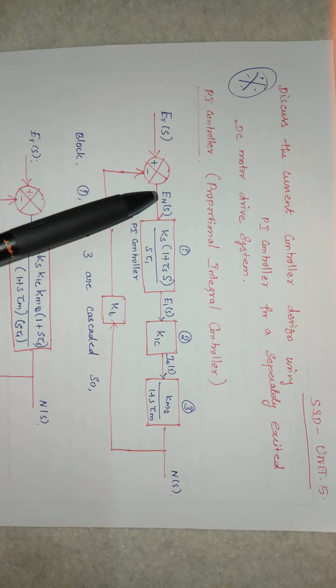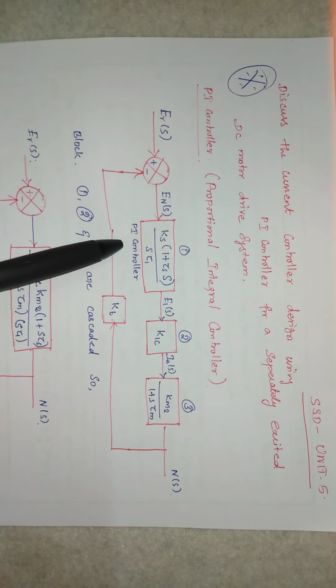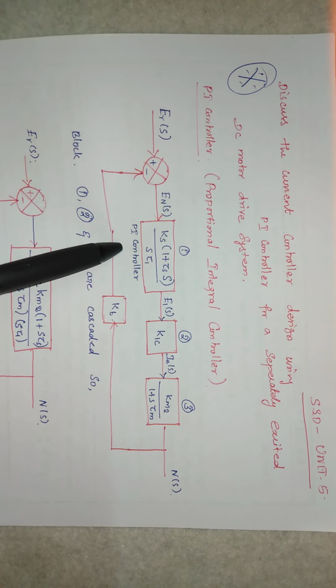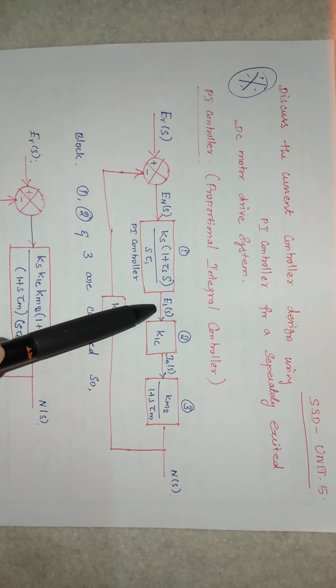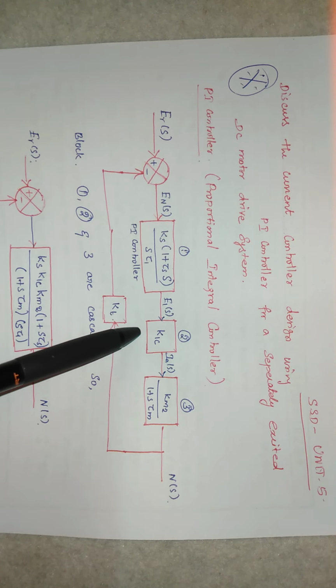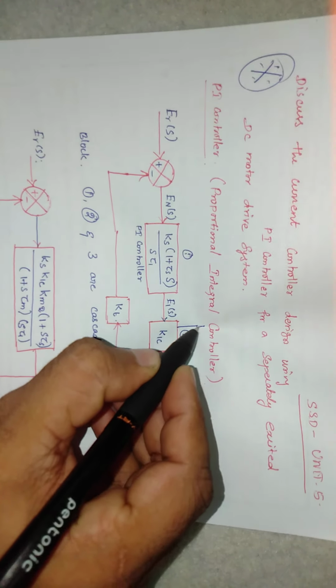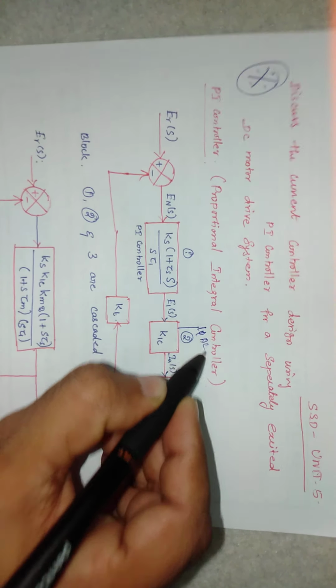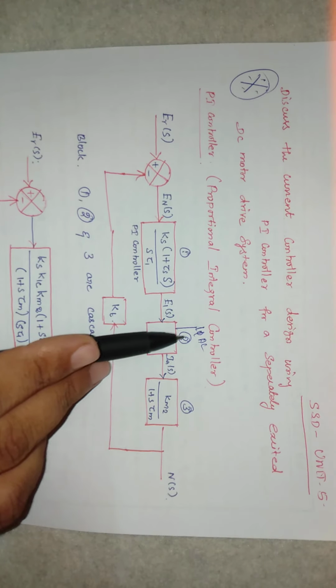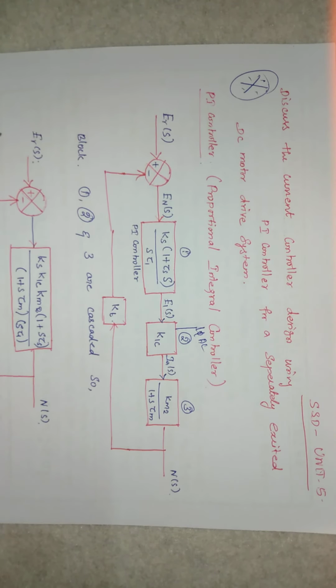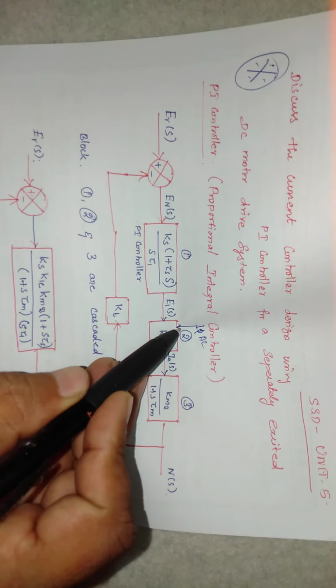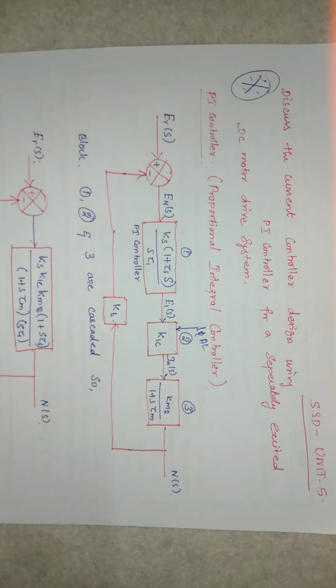Based on that error value, by using the proportional integral controller, we have an approximate error value that is given into our KIC. In the second stage we have our single phase AC supply. This single phase AC supply is to be converted for the machine, and for that we have the other arrangement.